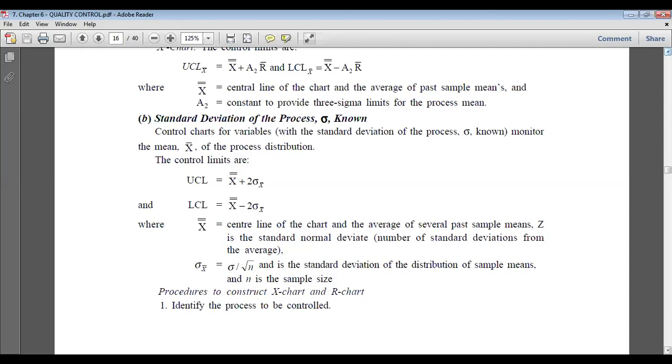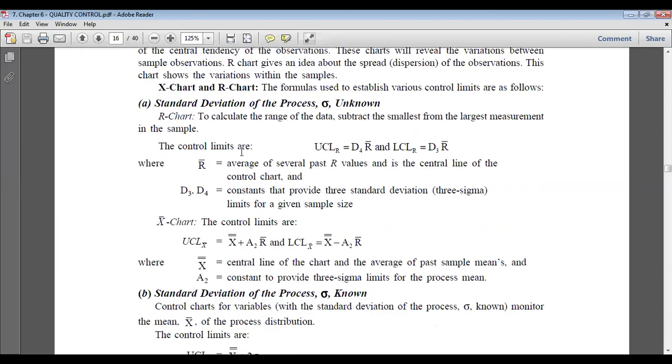The standard deviation can be calculated as sigma divided by the square root of n. Then, by adding to the mean of all the samples twice the standard deviation, we find the upper control limit, and by deducting it, we calculate the lower control limit. So this way we have calculated the upper and lower control limits for the bar X chart and bar R chart. These are the two sets of values that we have calculated.